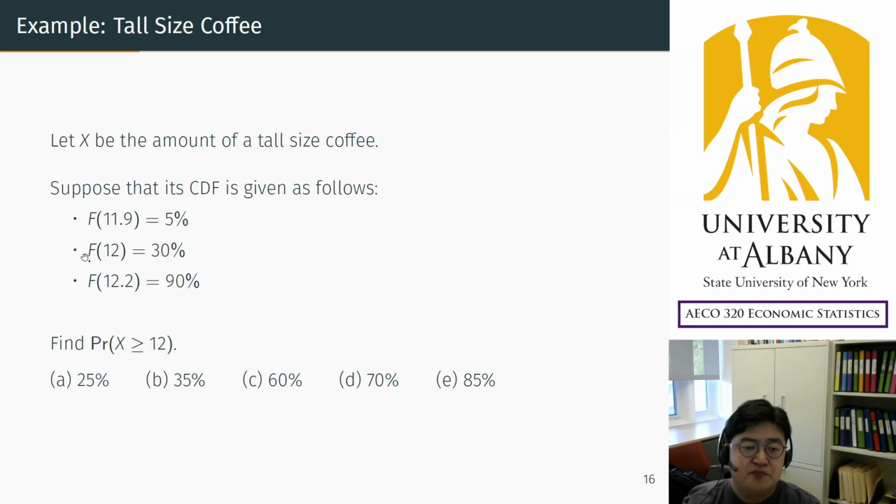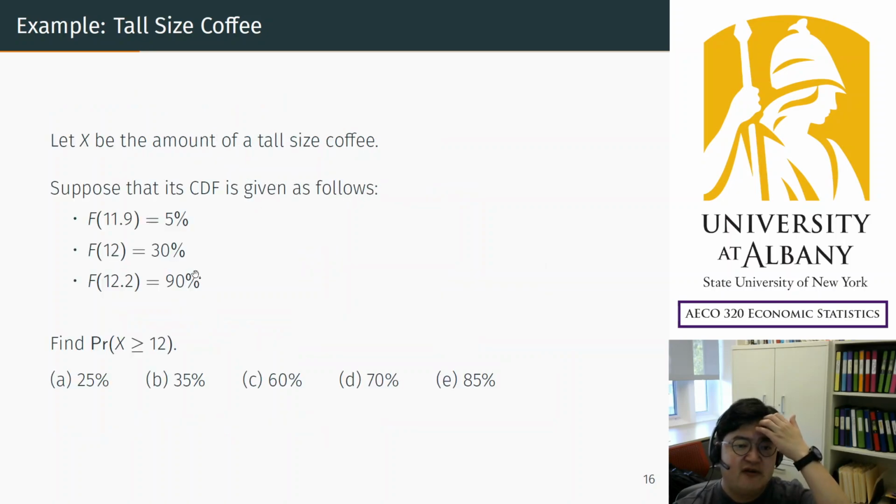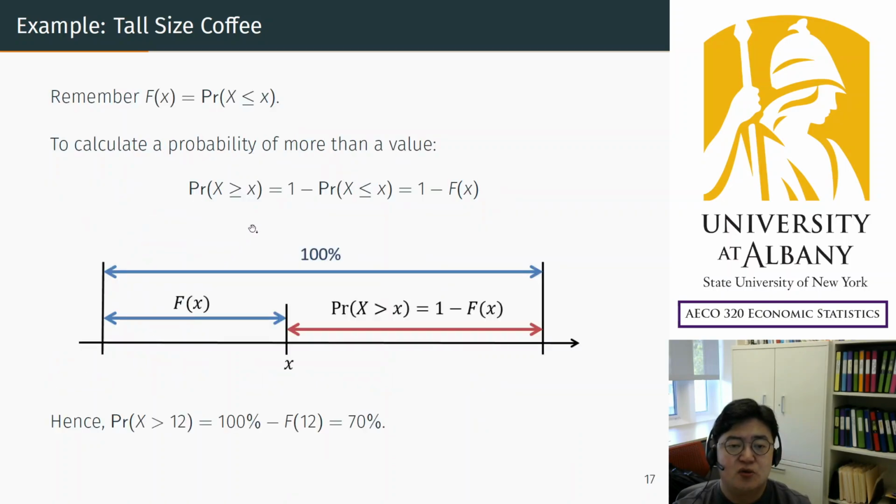We know that the probability of being smaller than or equal to 12 is 30%. That means the other side, the probability of being greater than 12, must be 70%.